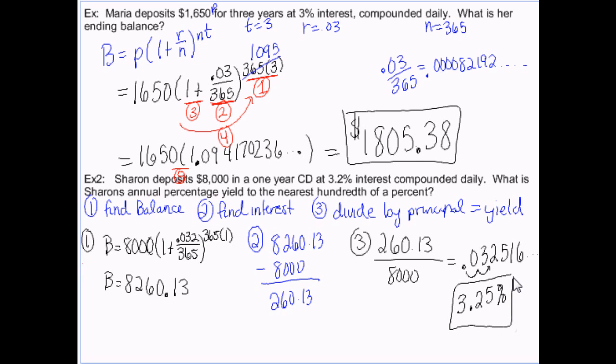So she was being paid a rate of 3.2%, but because it's being compounded, she actually earned 3.25%. So you can see the yield is a little higher than the rate. Does that make sense? And this extra 0.05 right here is because of earning interest on top of interest.